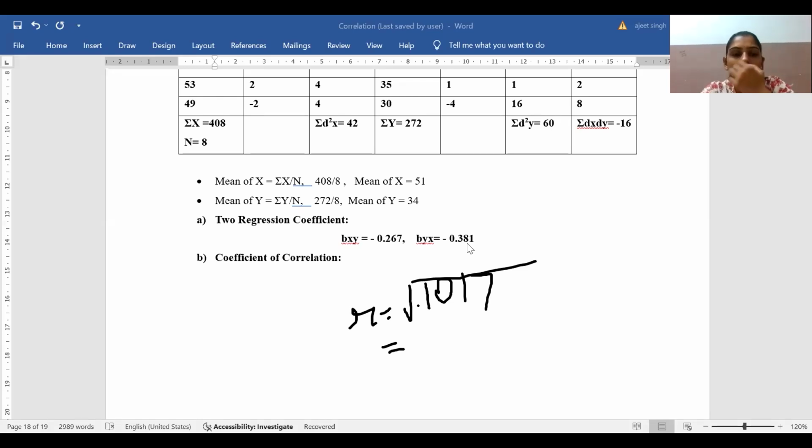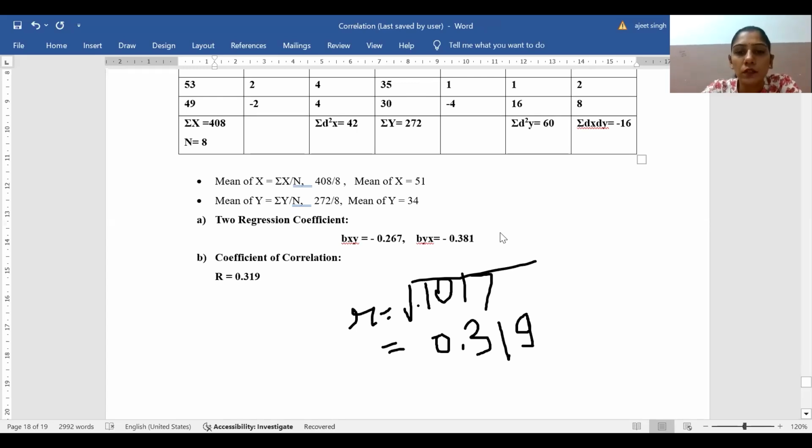So under root of this is 0.318. Okay. So the answer is 0.319. Write down the approximate value, which is 0.319. So now R is equal to 0.319.